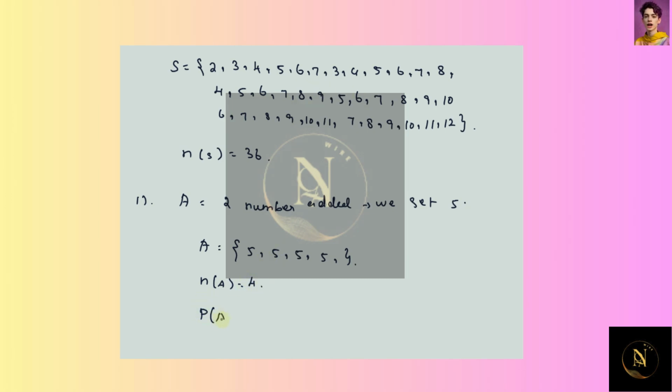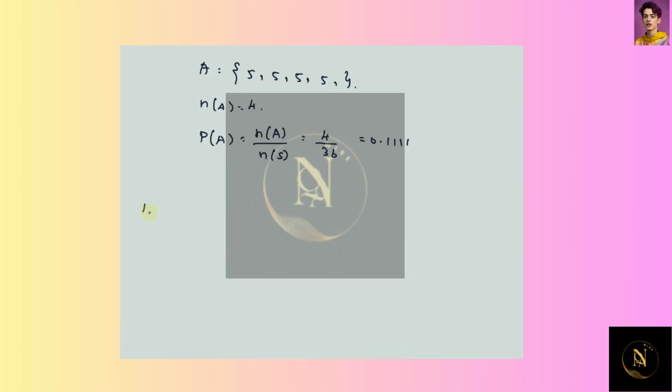So the probability of A is equal to n of A divided by n of S, which is 4 by 36. We get 0.1111.